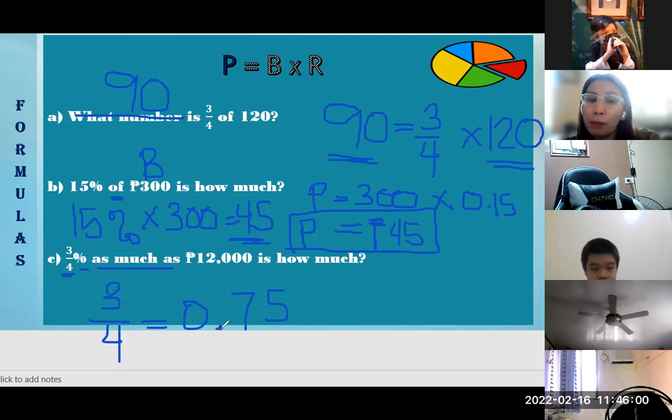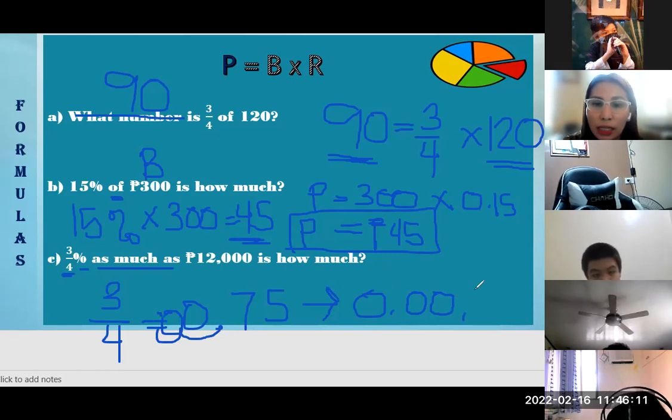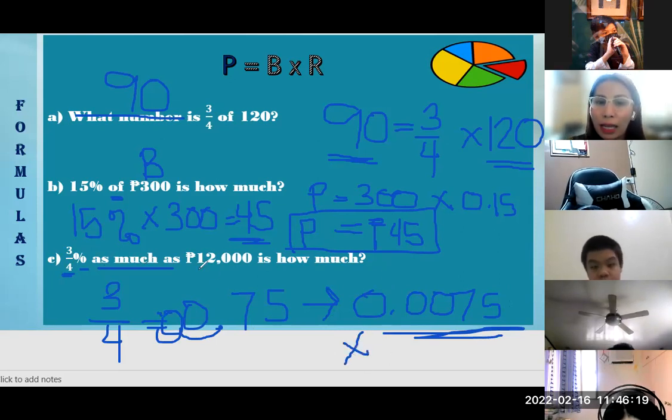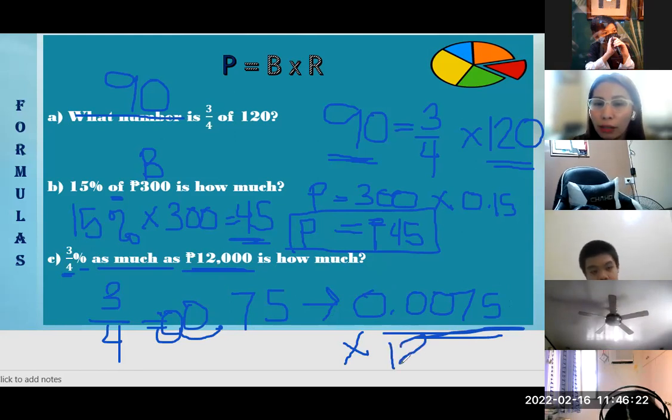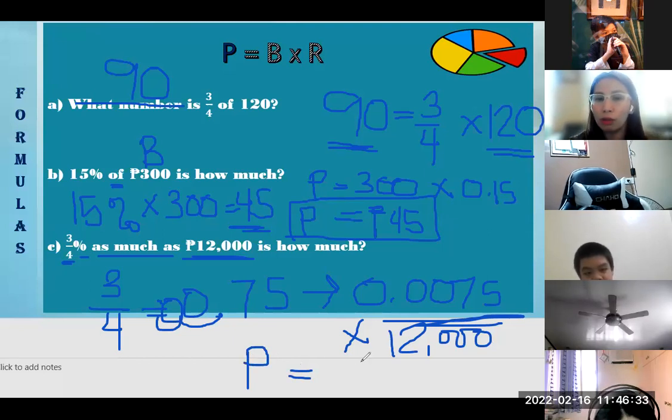Move the decimal point going to your left. So, 1, 2. Therefore, 0.0075 yung ating rate. Okay, multiply it by 12,000 pesos. The percentage will now be equal to 0.0075 multiplied by 12,000.